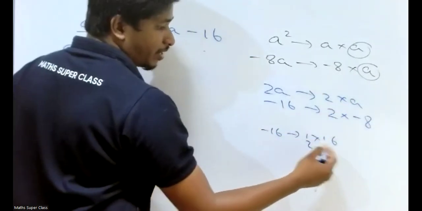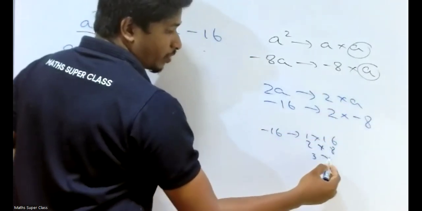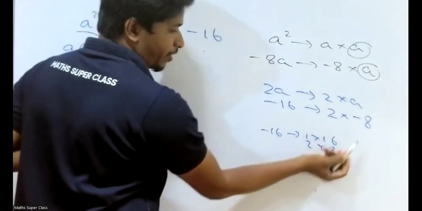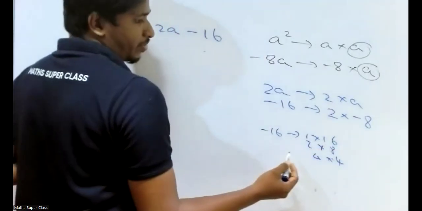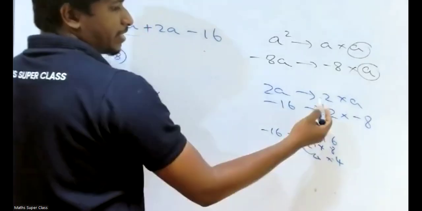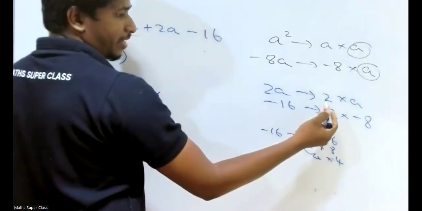Otherwise you have to write 1 into 16, 2 into 8, 4 into 4 like that. But it's easy to take these two here.